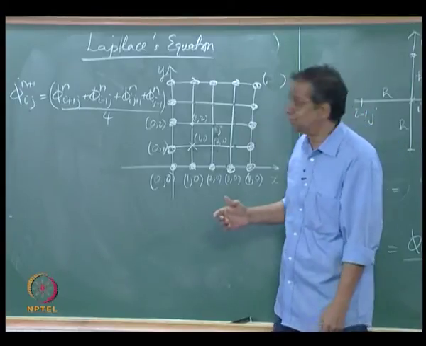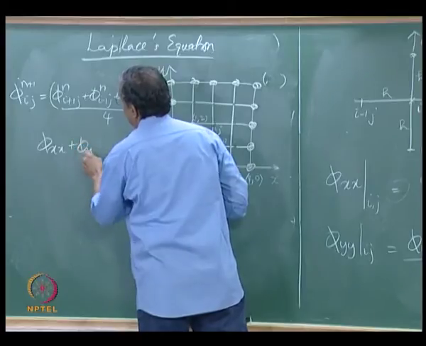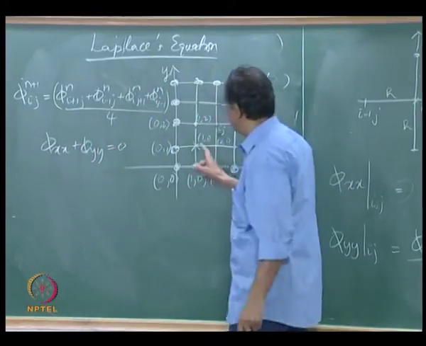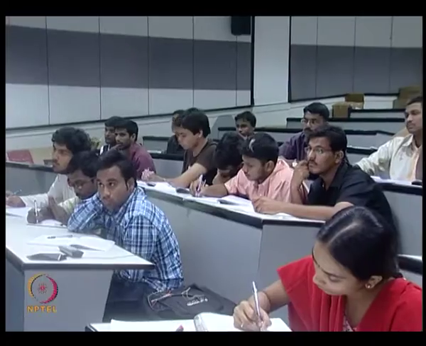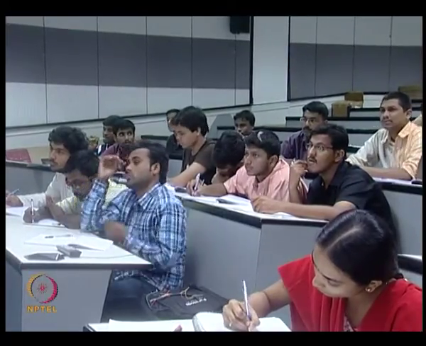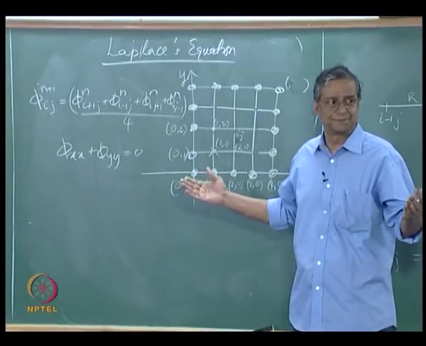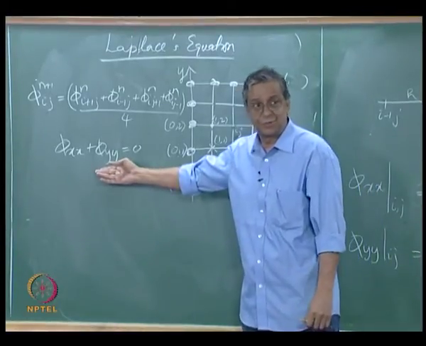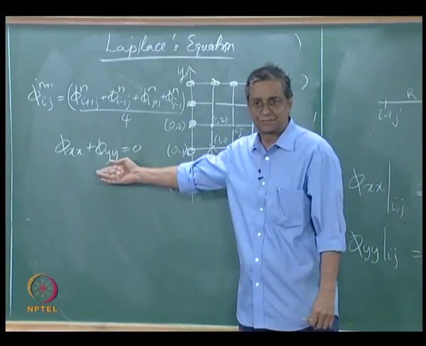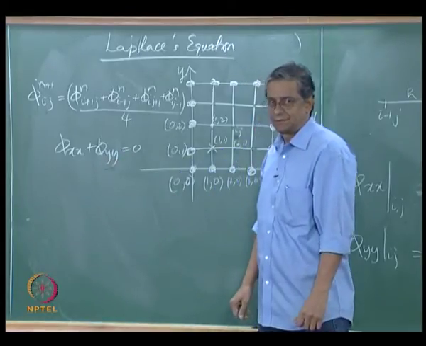So you could substitute into the original differential equation phi xx plus phi yy equals 0, but in this case you just have points at various nodes. If you substitute in the difference equation you can find out what the difference equation gives you, but the differential equation itself requires that you take derivatives and you have only discrete nodes, okay, is that fine, right.